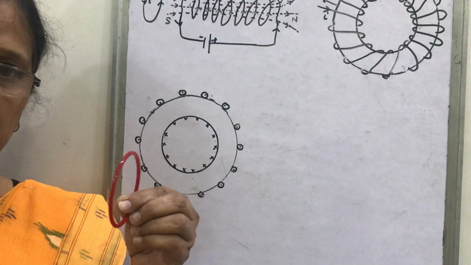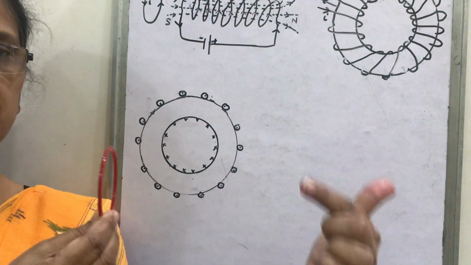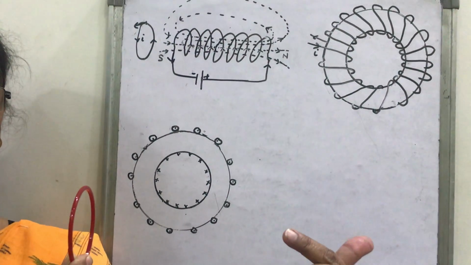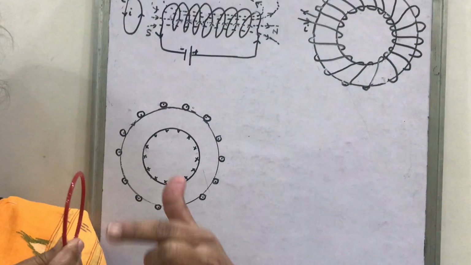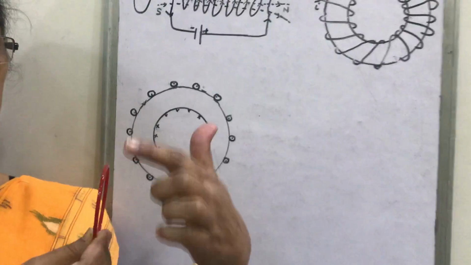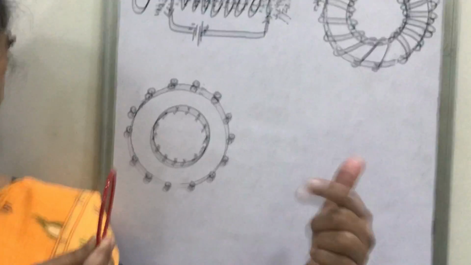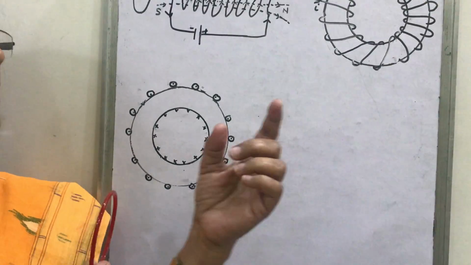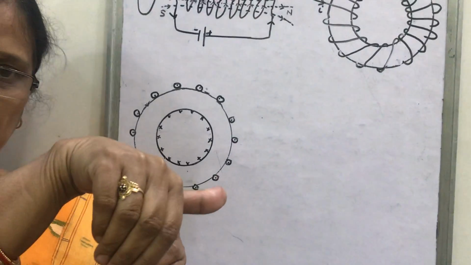What is a solenoid? If so many loops are joined together, on an insulating tube, closely wound insulated copper wire, that is, so many turns tightly packed, each loop has its own magnetic field.